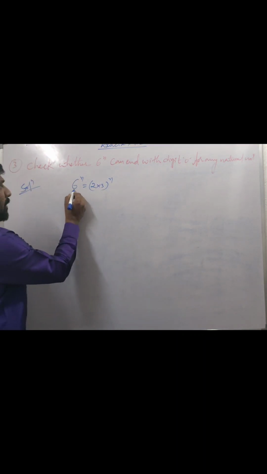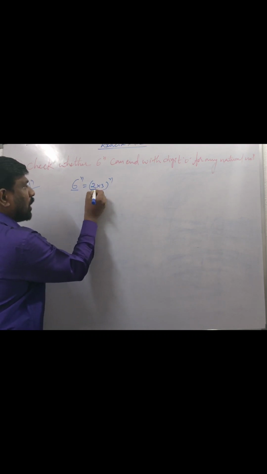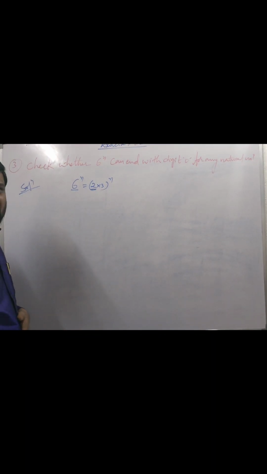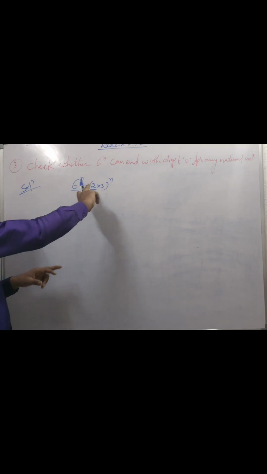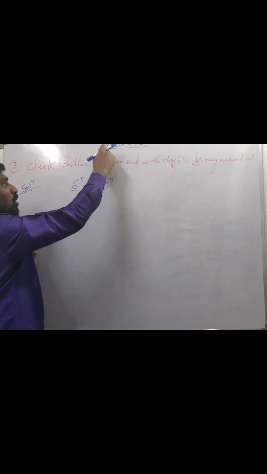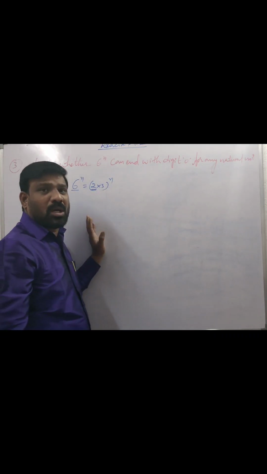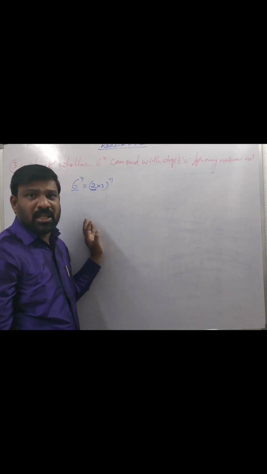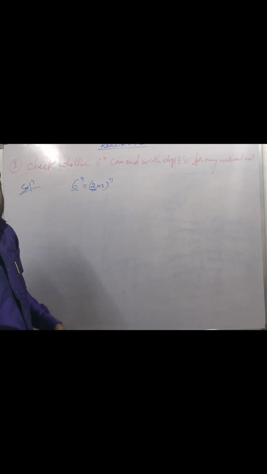But here for 6 there exists only 2 but not 5. If both are present only, then that number to the power of a natural number will end with the digit 0, otherwise it will not. Clearly this will not end with the digit 0.